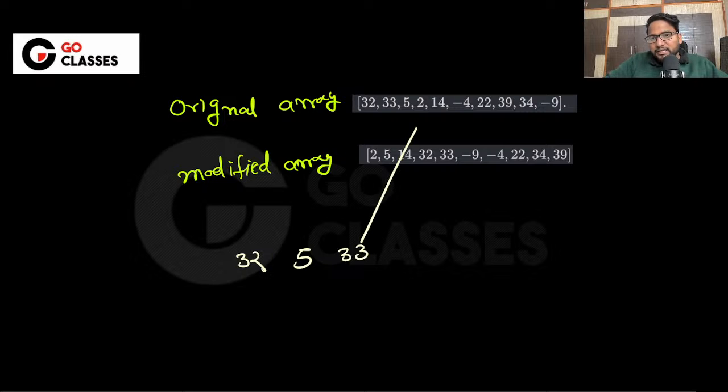Then 33 and 2 will get compared, and between these two, 2 is smaller, so 2 and 33. Then 33 and 14 will get compared, so 14 is smaller, 14 and 33. Then this minus 4, so minus 4 is smaller, so minus 4 and 33.